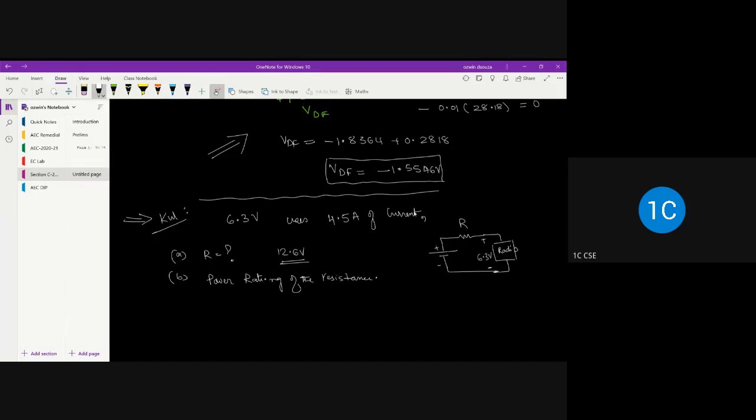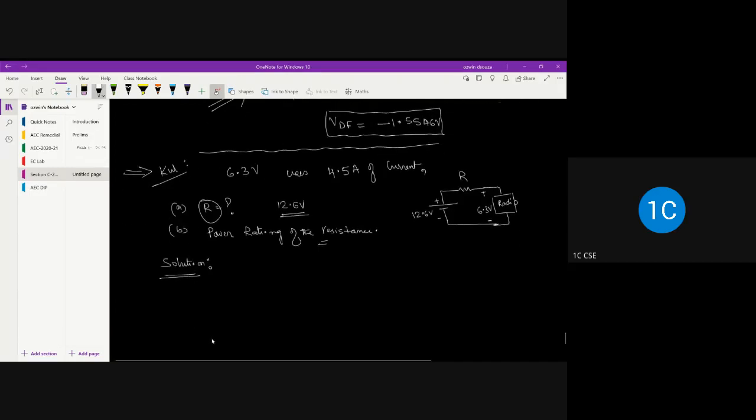And the operating system voltage is also given. That's 12.6 volts. So you're supposed to find the value of R as well as the power rating of the resistor. The value of R, some of you have already found.